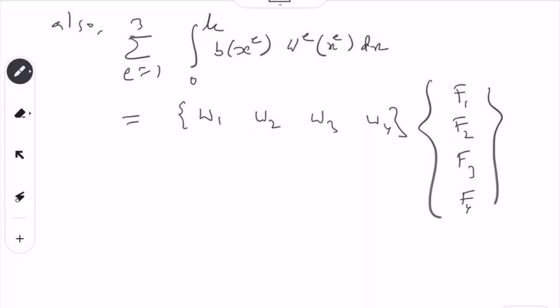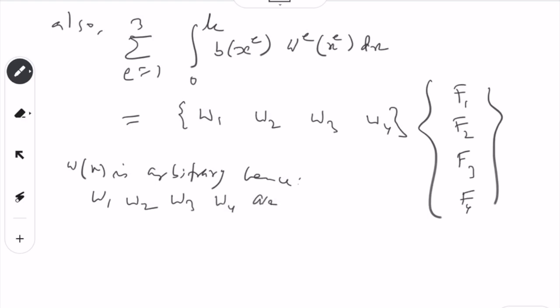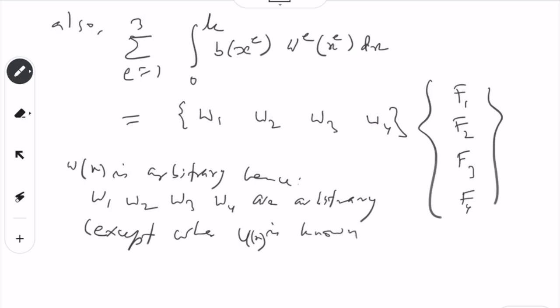Now, you know that W(x) is arbitrary, hence W1, W2, W3, W4 are arbitrary, except where u(x) is known.